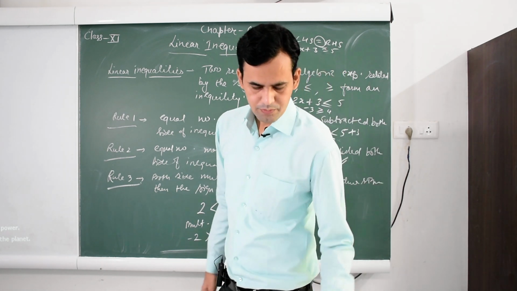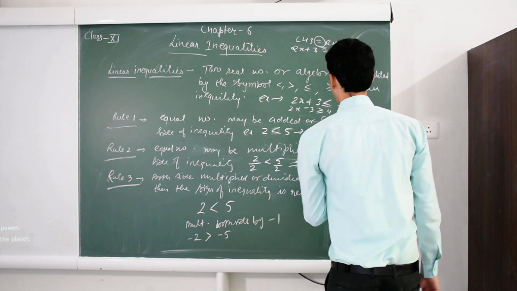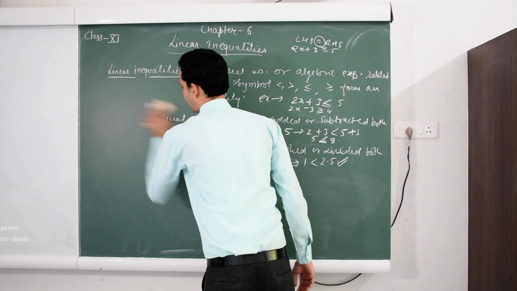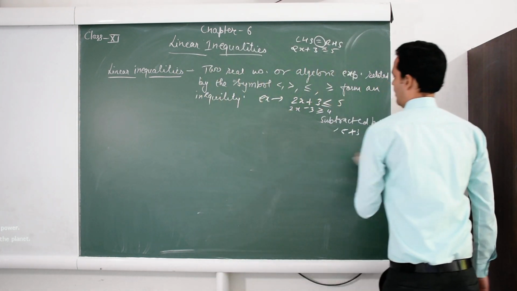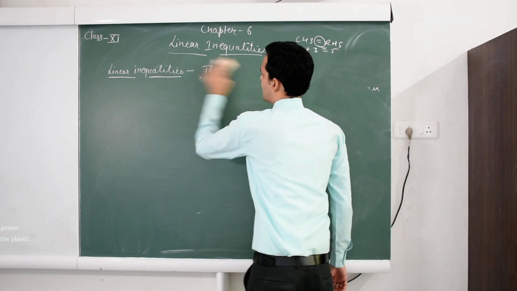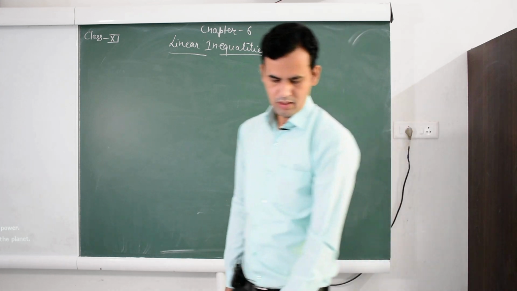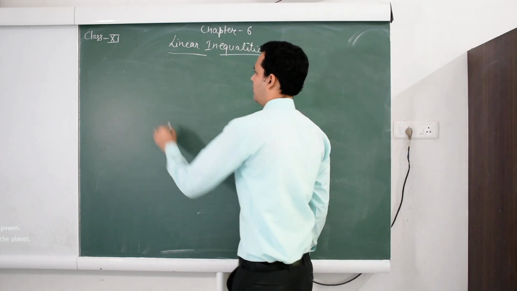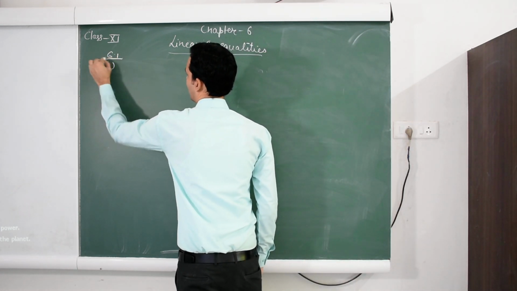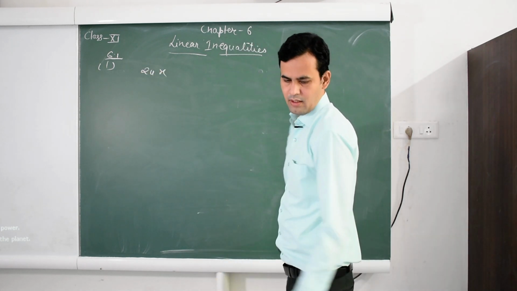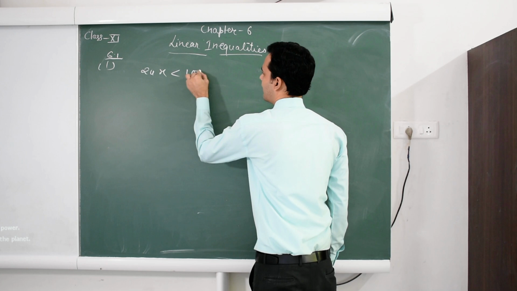So first we start exercise 6.1, question number 1. Solve 24x less than 100.